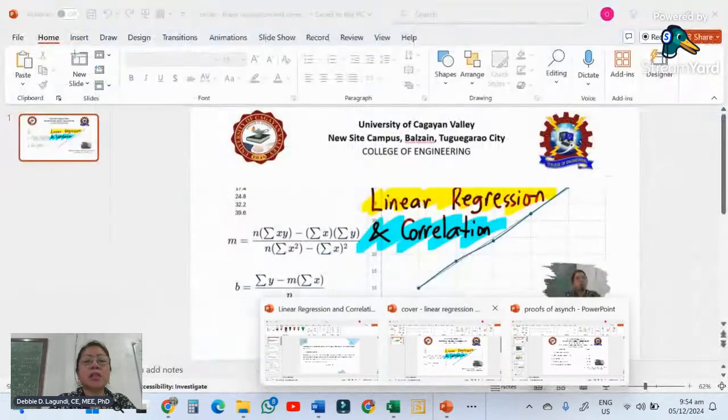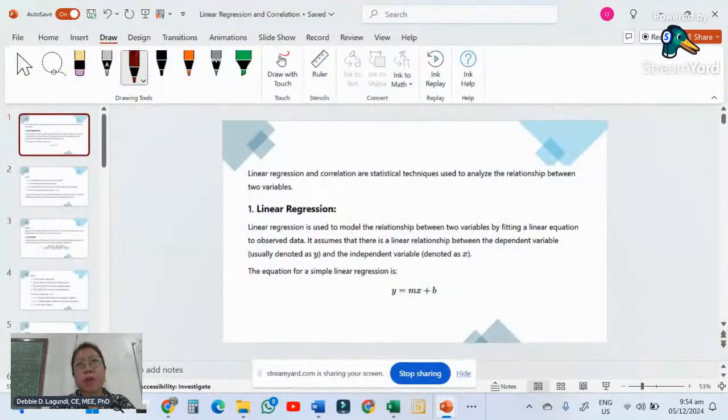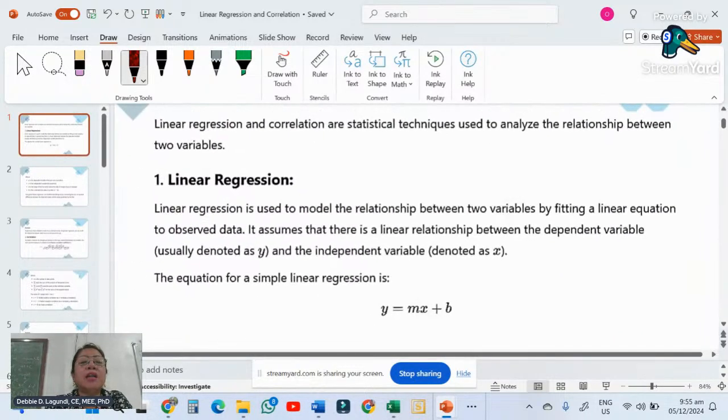I'm going to discuss linear regression and correlation. What is this linear regression and correlation? It says here, linear regression gives us a picture of the relationship of two variables that are fitting in a linear equation that is being observed.